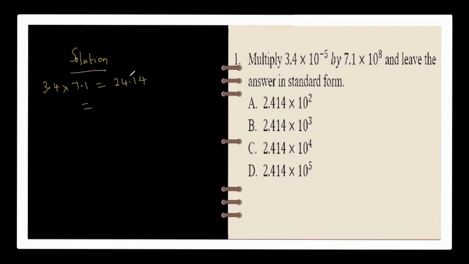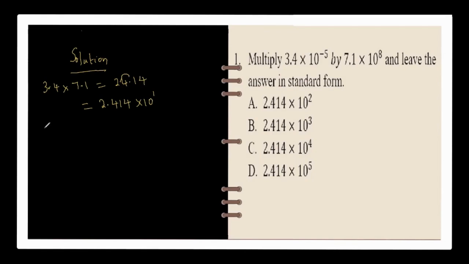What it means is we move the point one step forward, and that will give us 2.414. Because we move it one step, it is going to be times 10 raised to power 1. So we have written it in standard form.